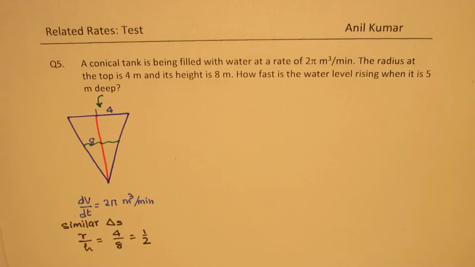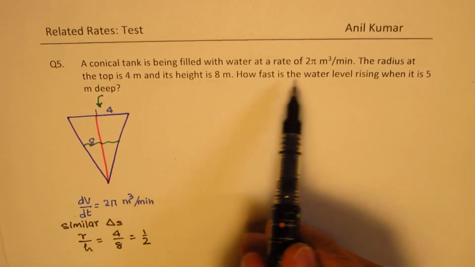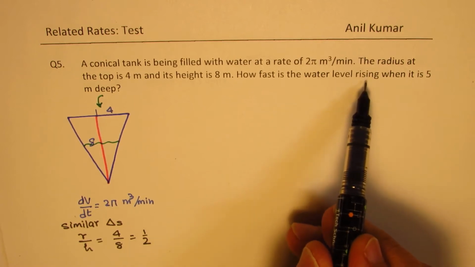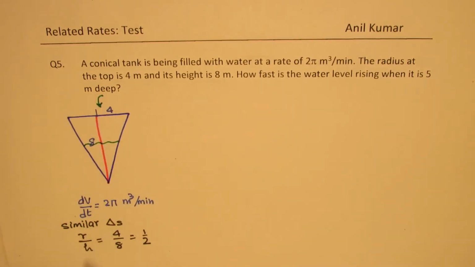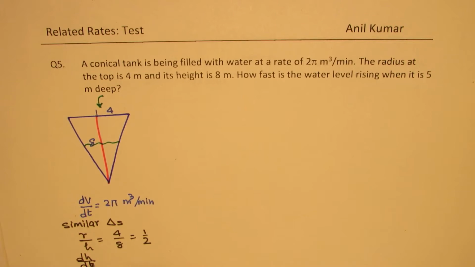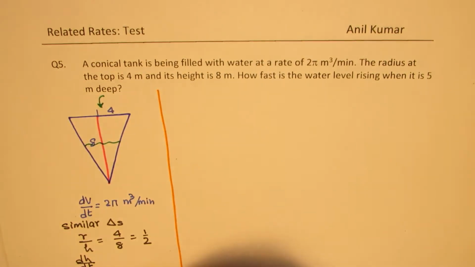So this relates height and radius. We need to find how fast the water level is rising when it is 5 meters deep. That means we need to find dh/dt. So we'll write radius in terms of height, so let's develop the relation which is going to help us solve the question.